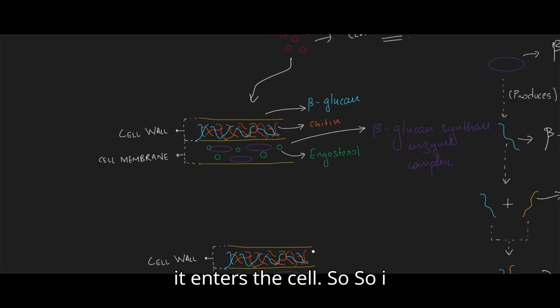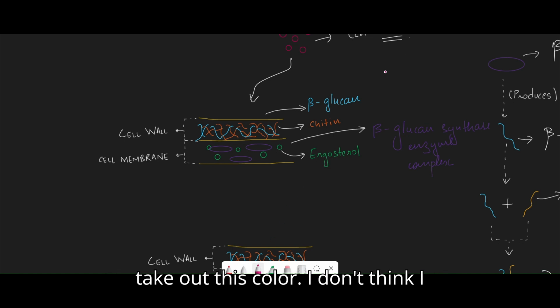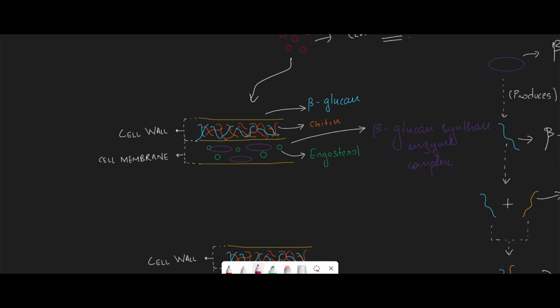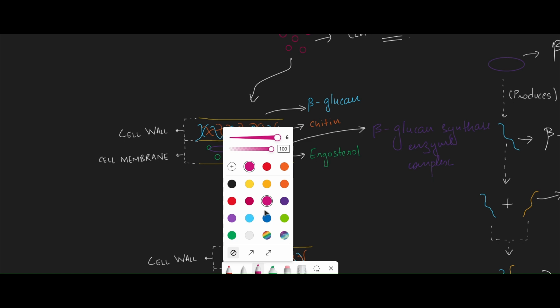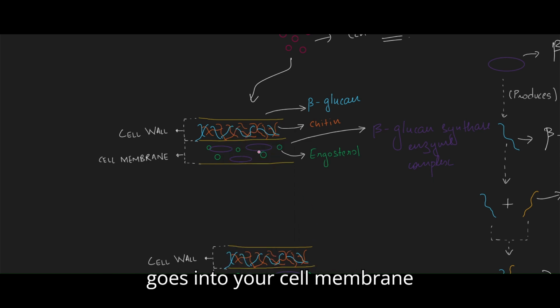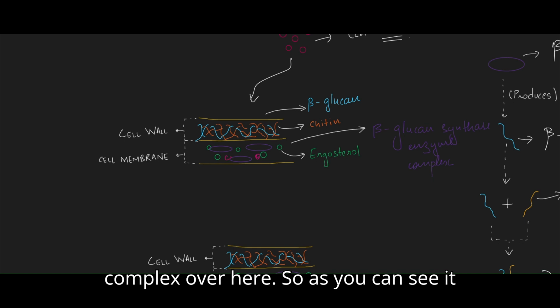I might need a minute to actually take out this color. I don't think I have exactly this color. Oh yes, I have. So you take this drug, and it goes into your cell membrane, and it binds to this complex over here.